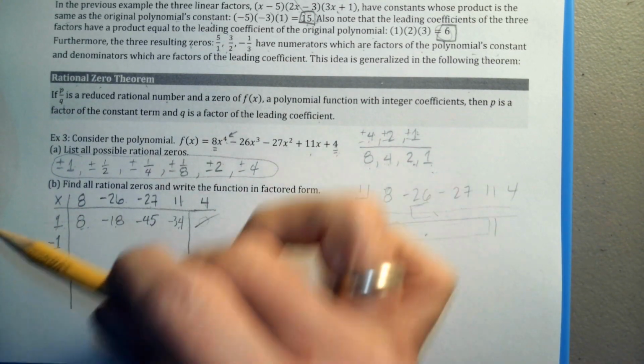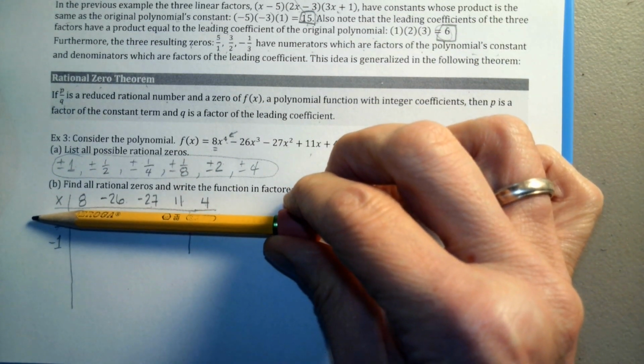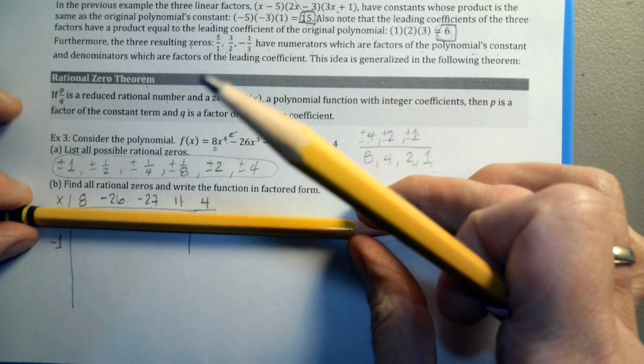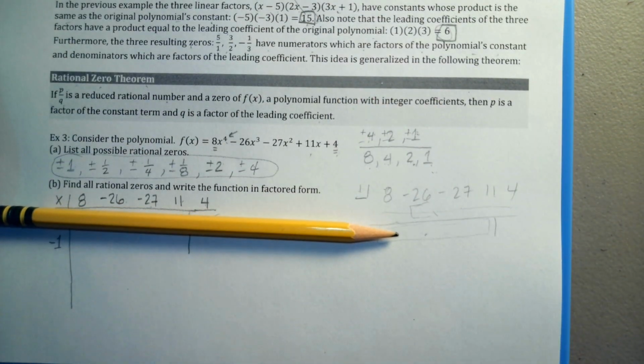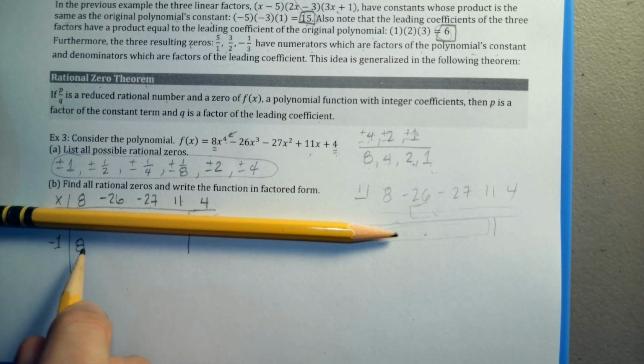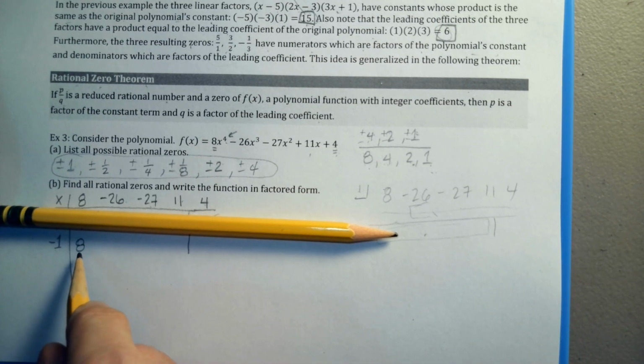All right, so we're really just going to ignore those numbers that we had there, and start the process over again. Let me cover those up if that helps you. So I'm going to bring down the 8 again. Negative 1 times 8 is negative 8.